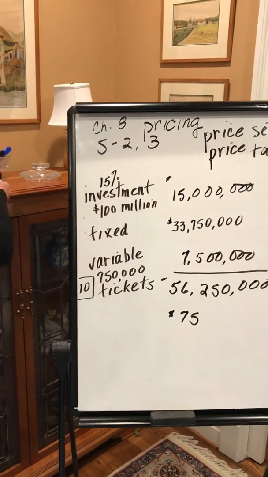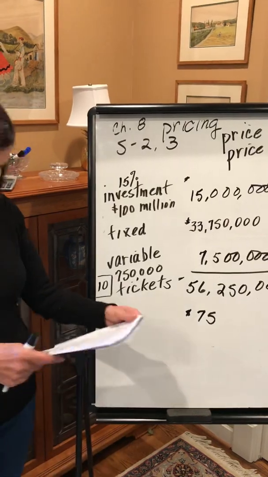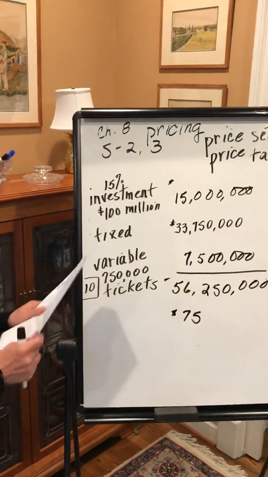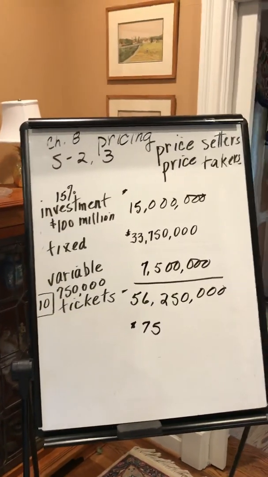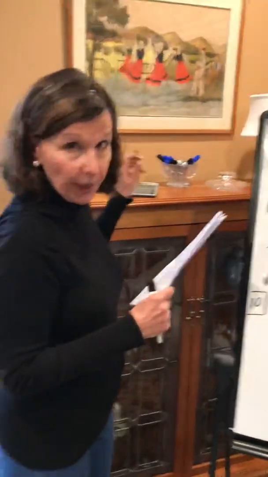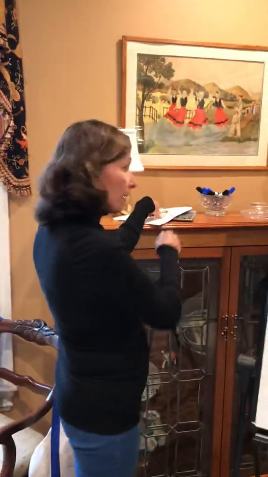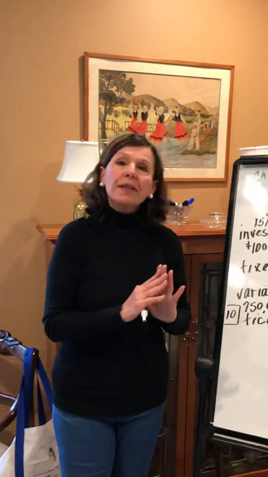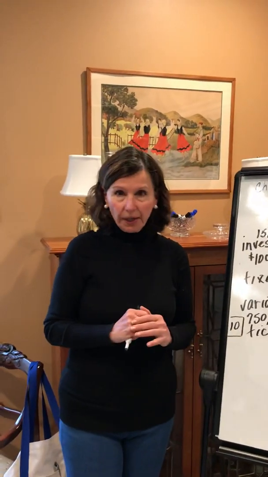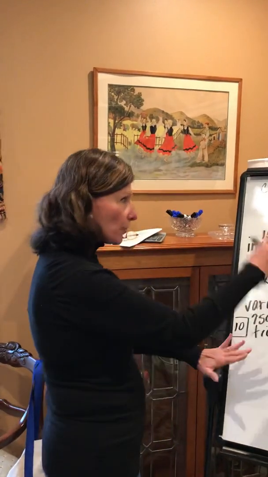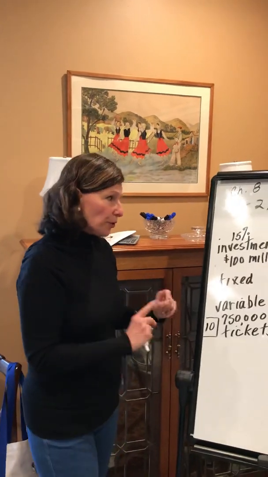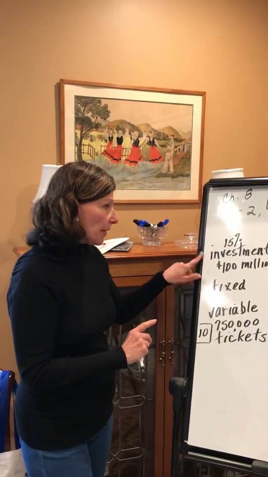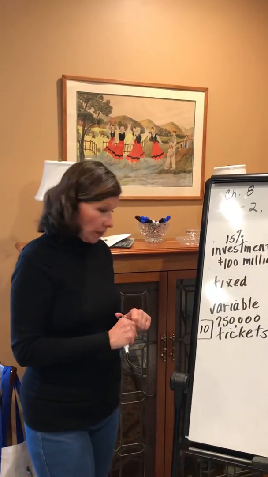Now, in S3, things are changing a little bit. The ski resort's reputation has deteriorated, and they can only charge $65 a ticket. So we're going to move some things around because the question is, how much will the investors get?